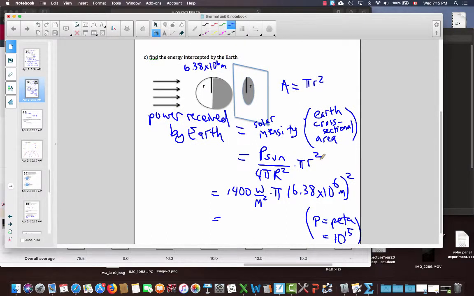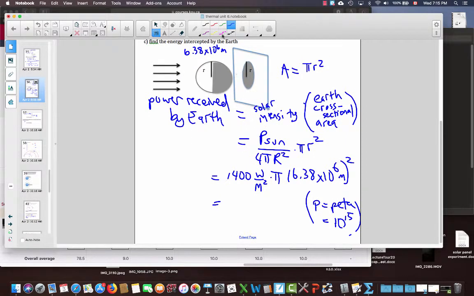Then we multiply by pi r squared, where r is the radius of the Earth. So this part that we worked out above is 1400 watts per square meter, and then we multiply by pi little r squared, where that's the radius of the Earth, 6.38 times 10 to the 6 meters.